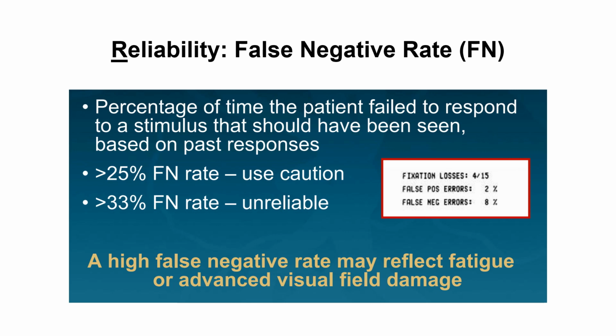So they say that the false negative rate sometimes can be not related to fatigue or falling asleep, but related to advanced visual field damage. So some doctors don't depend on it fully, but they depend mainly on the false positive index and the fixation loss that we'll discuss in the following slide.